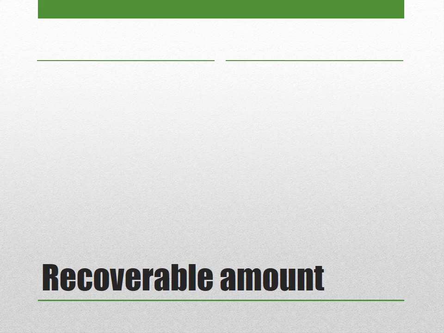Right, so let's spend a little bit more time on that recoverable amount. As we said before, it's the higher of the fair value, less cost to sell, and the value in use. So let's have a look at those two terms in order. First of all, we'll look at fair value less costs to sell.